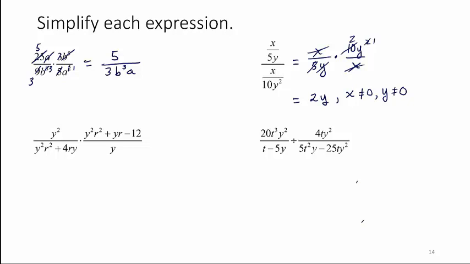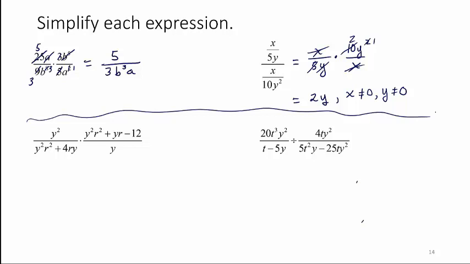Because both x and y initially, in that initial expression, were in denominators, right? So we have to be aware of that and make sure we list those as restrictions.